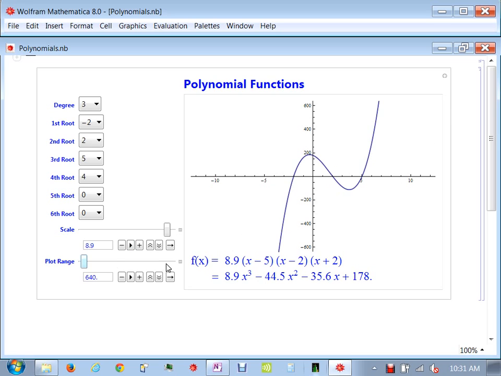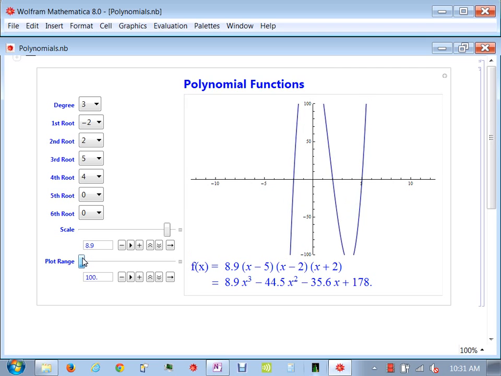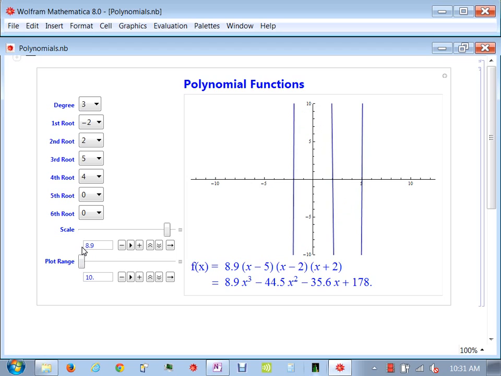Okay? Now I can zoom this. I don't want to zoom too much. Look at that. That's if it was drawn to scale. You know how I said I don't know how high it goes? If you count 1, 2, 3, 4, 5 ticks this way, and the same 1, 2, 3, 4, 5 that way, the highest point is way out there.